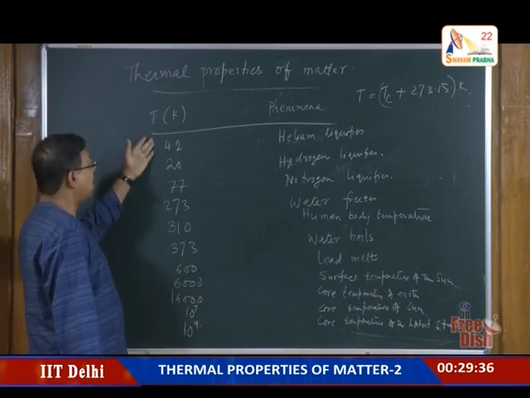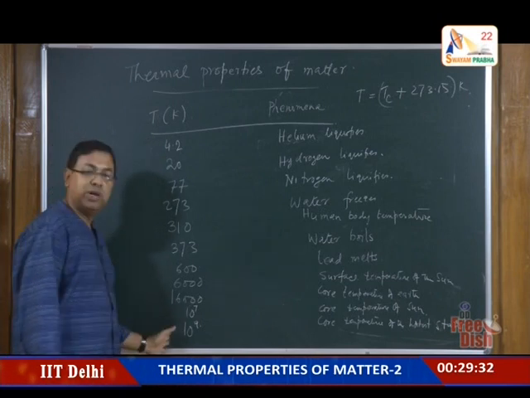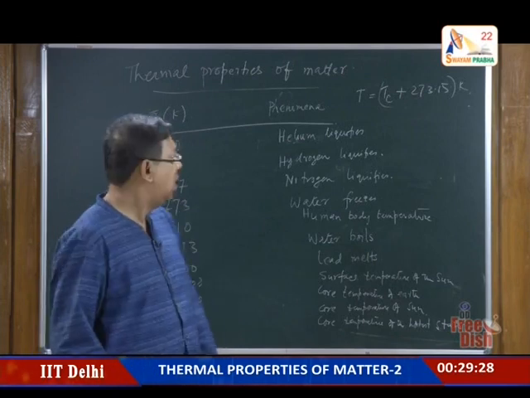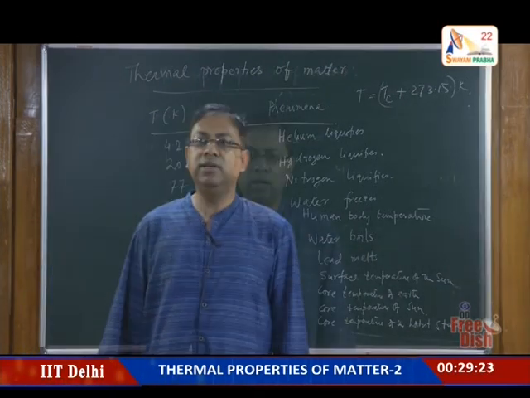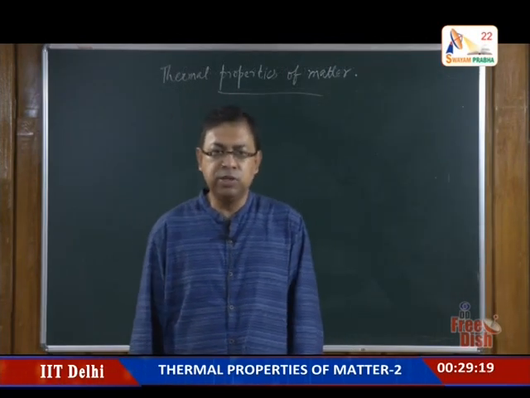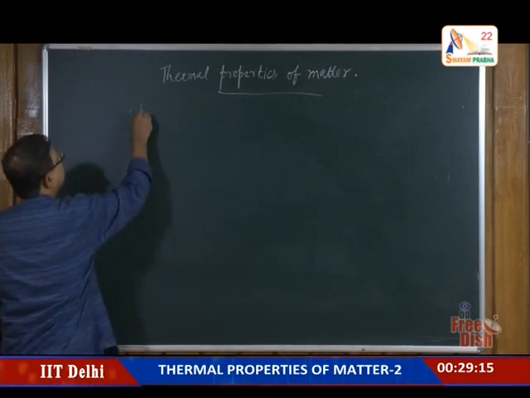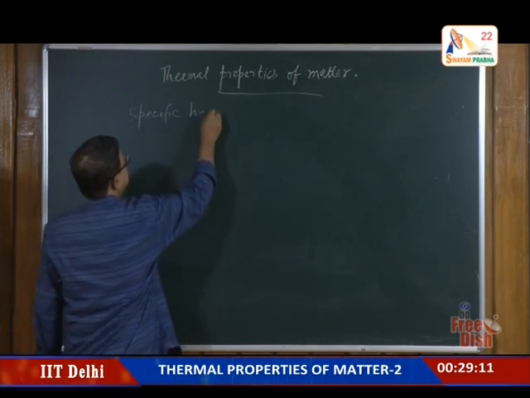But these are starting from 4.2 Kelvin, close to 0 Kelvin, all the way up to 10 to the power 9 Kelvin. There are different phenomena that are important scientifically. To remind ourselves, we were discussing thermal properties of matter, and we were particularly talking about specific heat capacity.